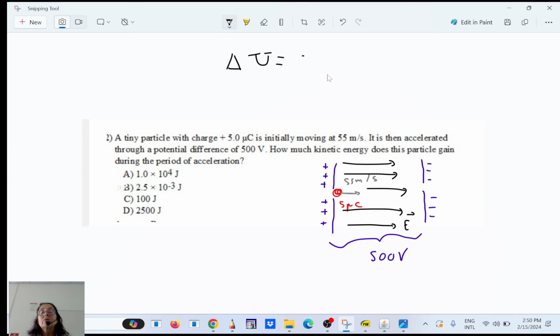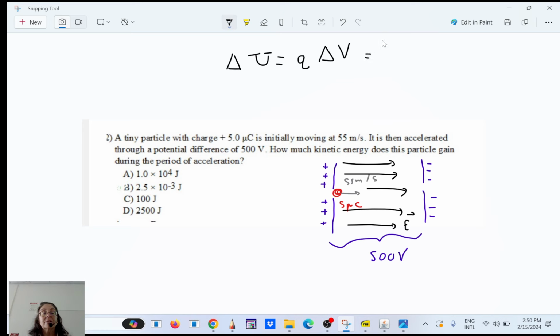So if you have Q, it's going to be Q delta V. That will be its potential energy. Before you let go, it has that much potential energy. It had kinetic energy to begin with, but we are just asking for the change in potential energy, which is Q delta V.